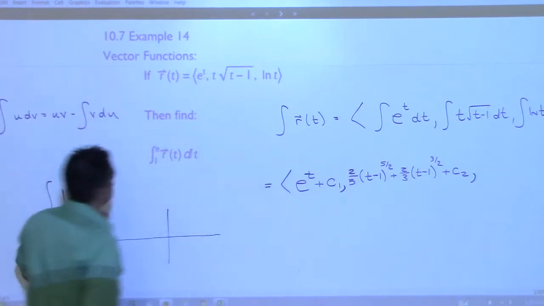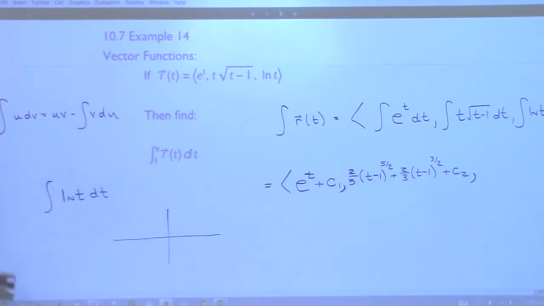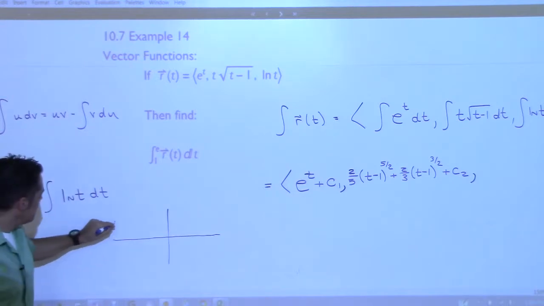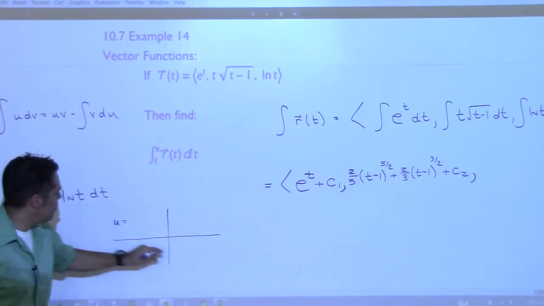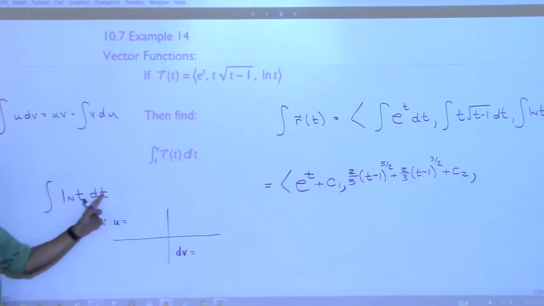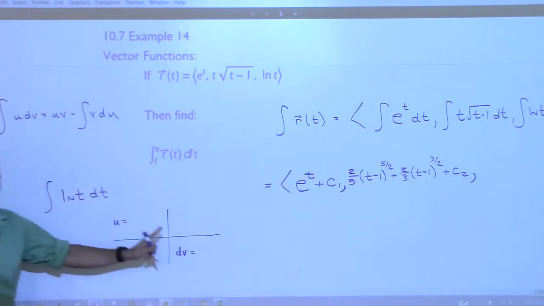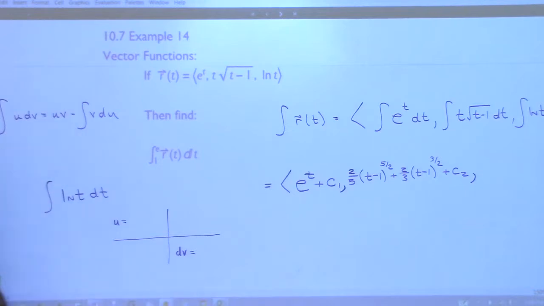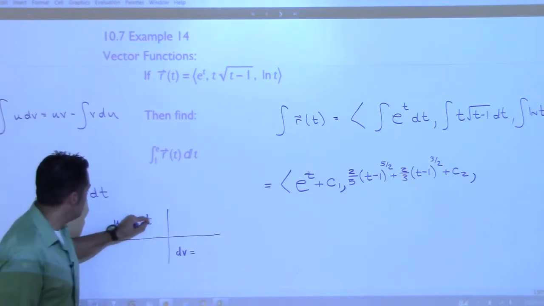We're using that formula. And so what I do is I have my students make a table. This is where they get to choose. They have to pick which part of this expression is going to be u and which part is going to be dv. In this case, you really only have one choice for u, and that's natural log of t. So you put natural log t here.